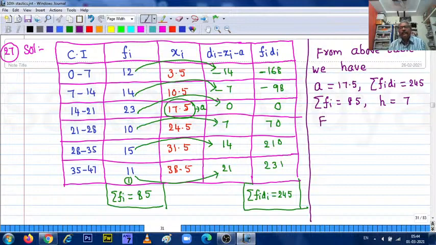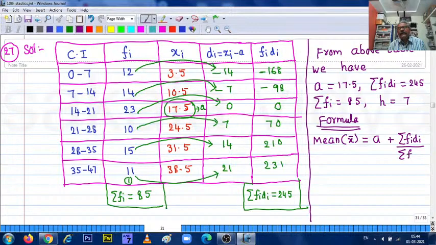Next formula, what is the formula? So formula to find out mean using assumed mean method. Mean equals to, carefully write down, x bar equals a plus sigma Fi di by sigma Fi. So it can be read like this, summation of Fi di, summation of Fi also you can read.